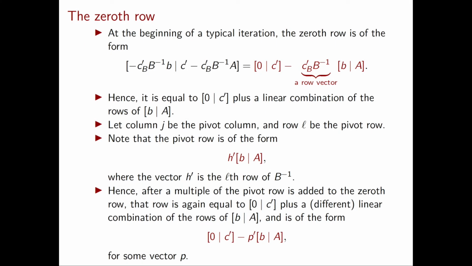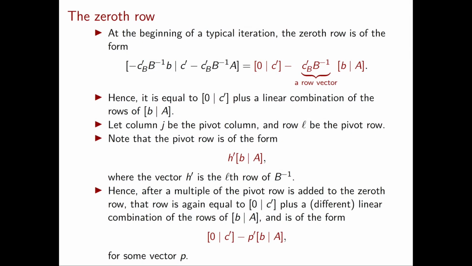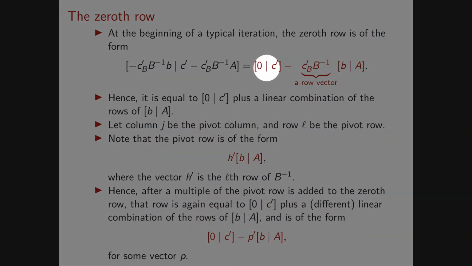In our elementary row operations, we are adding a multiple of the pivot row to the 0th row. So now in total we will have 0 C transpose minus a linear combination of the rows of [b A] plus a multiple of another linear combination of the rows of [b A].